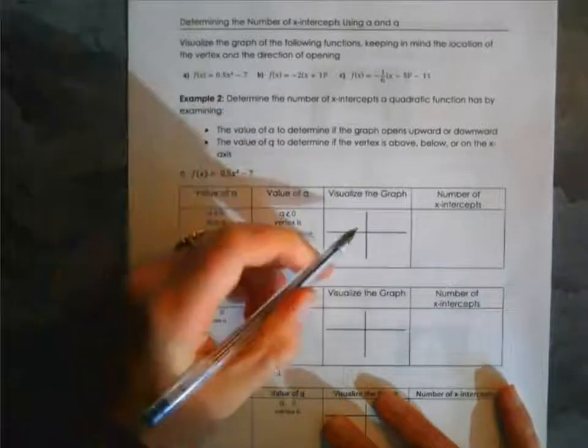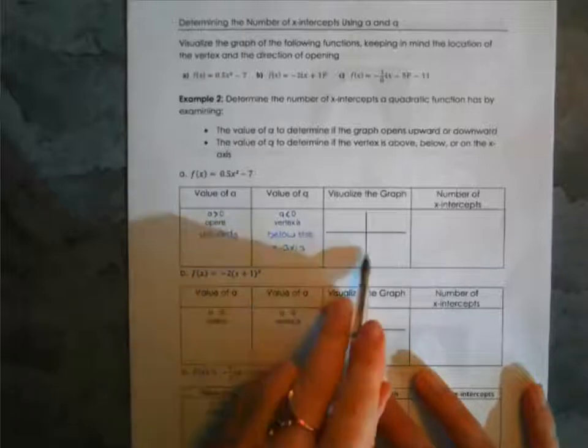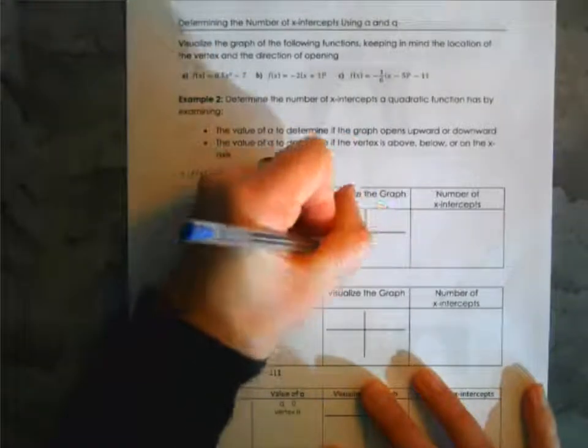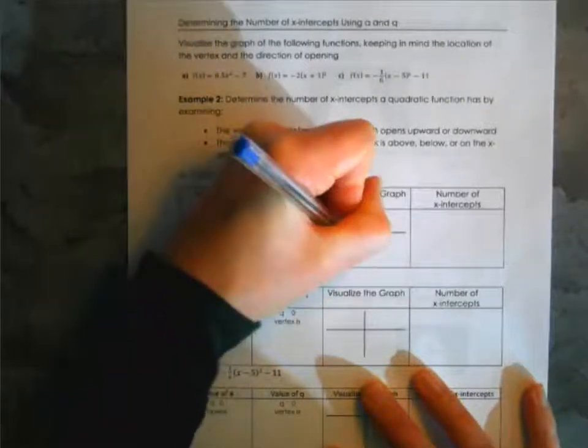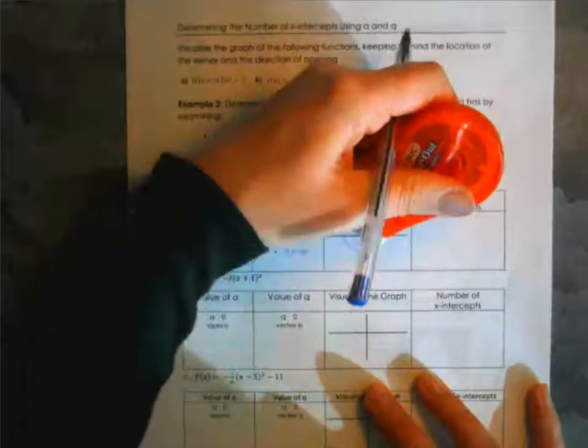Okay, and so if we're visualizing this graph, it's opening upwards and it starts below 0. So we're going to have a vertex maybe here, and then the graph can kind of open up. Oops, it's going too narrow.